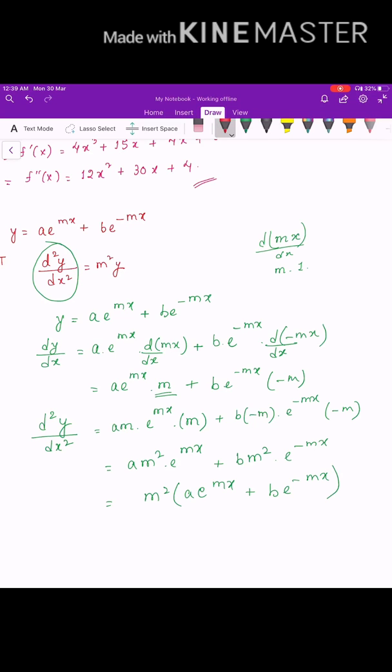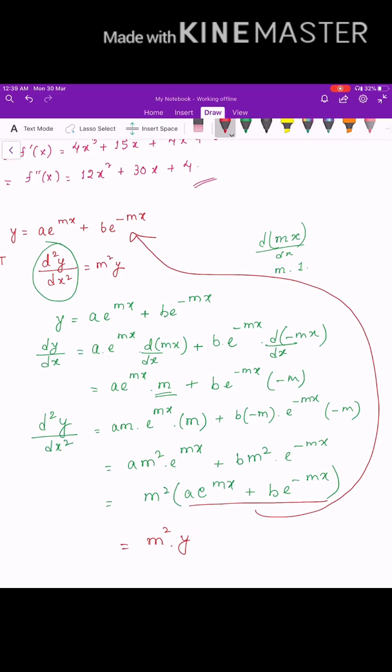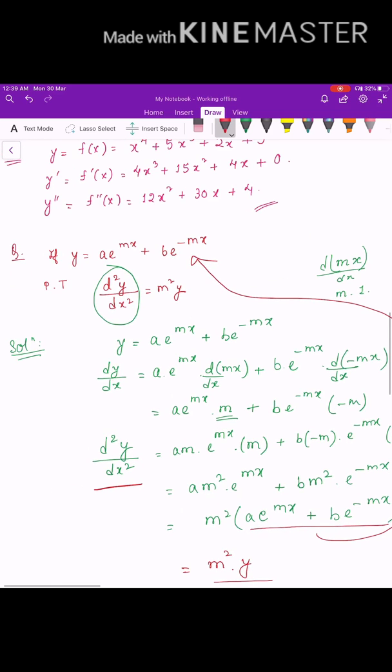If you observe, this term is nothing but the expression y. Hence, d2y by dx2 is equal to m square y. You have to keep in mind in this question that a, b, and m are constants.